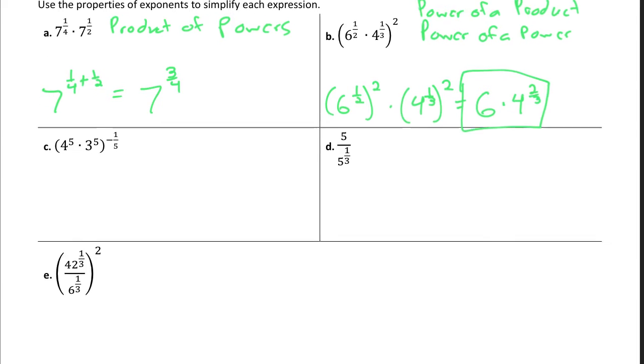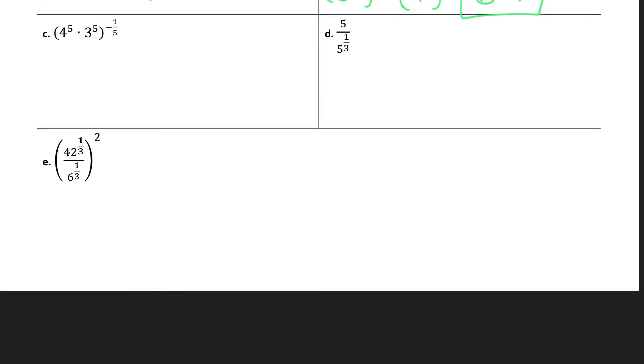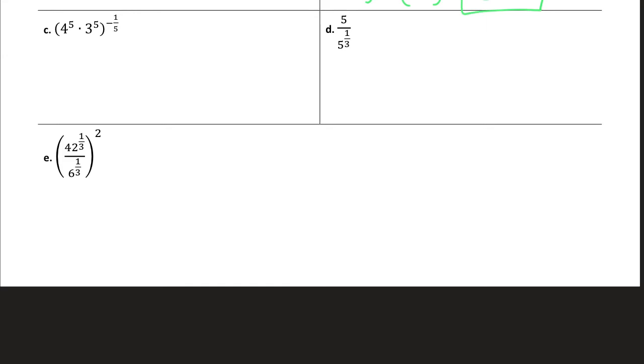Part C is another power of a product, but it involves a negative exponent. So before I do anything else, I'm going to write the reciprocal: 1 over 4 to the 5th times 3 to the 5th, that to the 1/5. That's the property of a negative exponent.